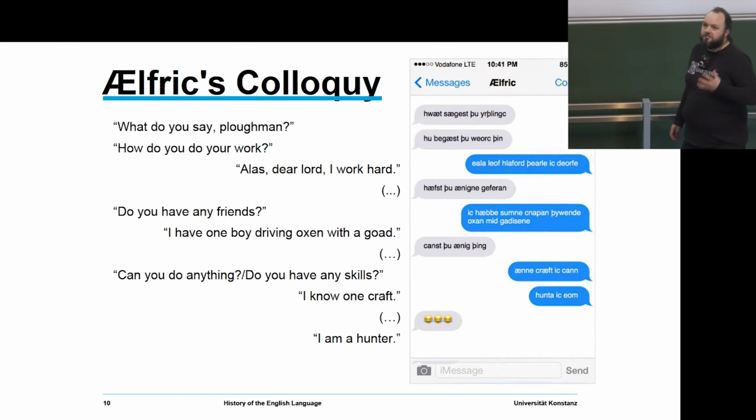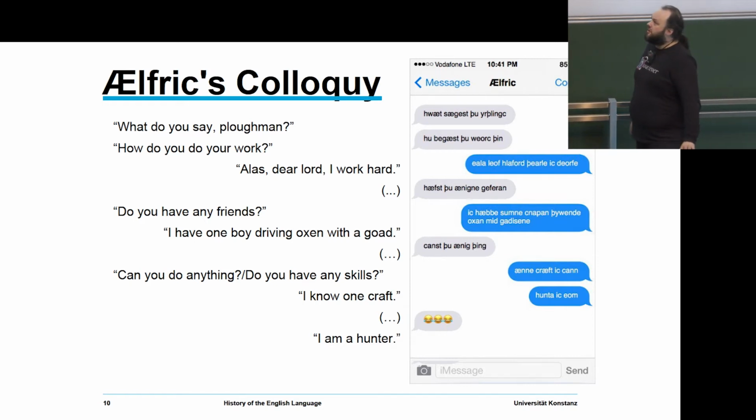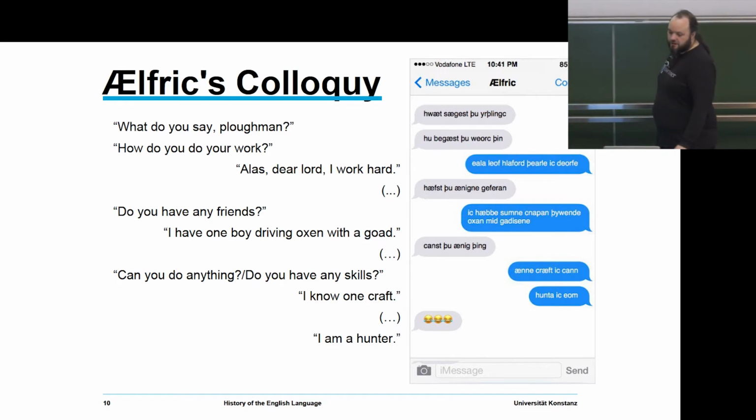It's a teacher talking to a student, someone who is a ploughman. The word for ploughman is earthling, literally earthling, which is funny because it's what aliens call humans in modern English. It's like, hello, earthling, take me to your leader. But an earthling in Old English is just a ploughman.